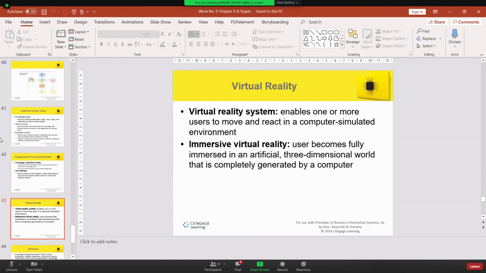When you are in a virtual environment, you feel like it is real. Sometimes people start laughing, start crying, or get afraid of something in the virtual system. So this technology is getting very famous and is being used in many areas nowadays.